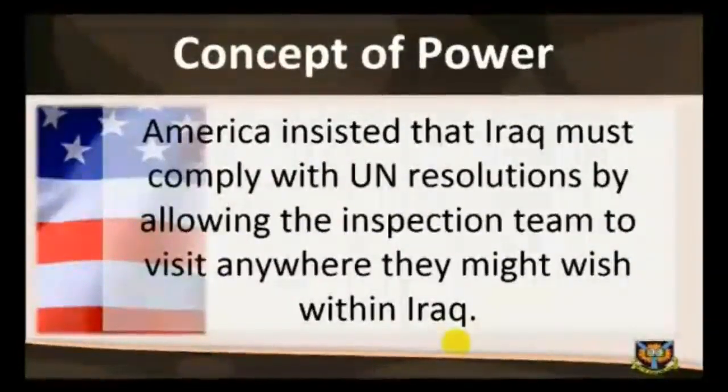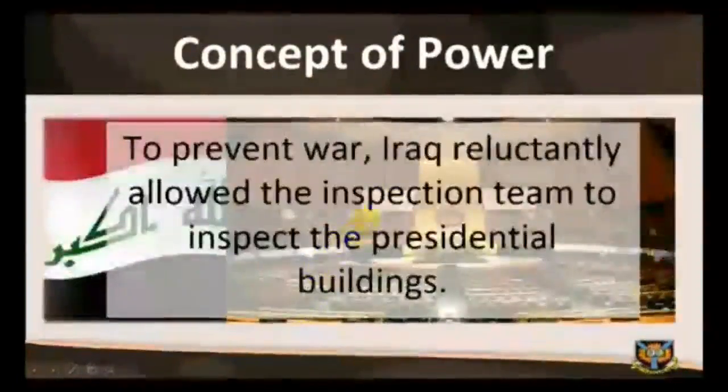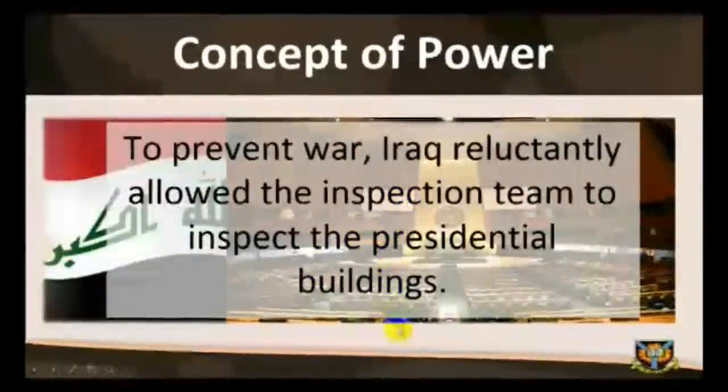America insisted that Iraq must comply with UN resolutions by allowing the inspection team to visit anywhere they might wish within Iraq. To make Iraq comply, America deployed sophisticated warships and submarines to the Gulf. To prevent war, Iraq reluctantly allowed the inspection team to inspect the presidential buildings.